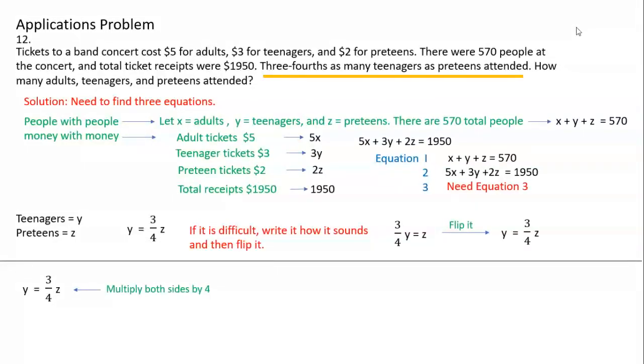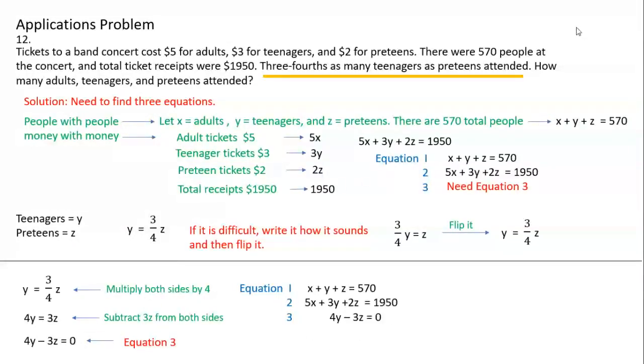We can multiply both sides by 4 on this last equation, where we have 4y equals 3z. He's wanting to put it in general form, and that's fine. So we have 4y minus 3z equals 0. This is our equation 3. I would have solved it from the 4y plus 3z already, but it's okay.